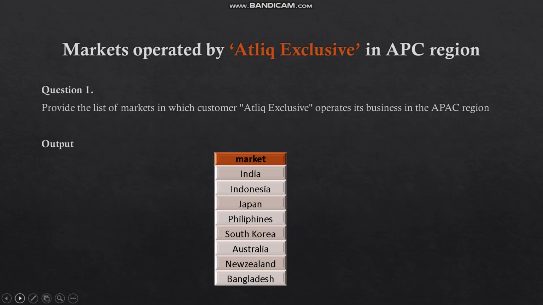Now let's move to the next slide. We have question number 1, which is to provide the list of markets in which customer Atliq Exclusive operates in the APAC region.